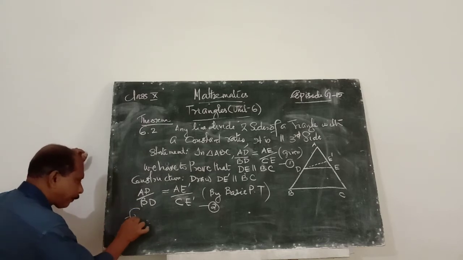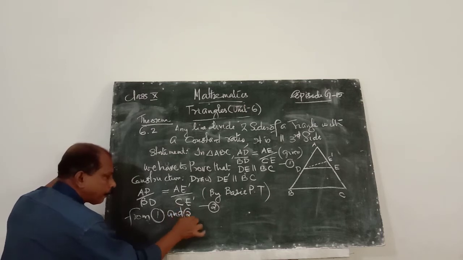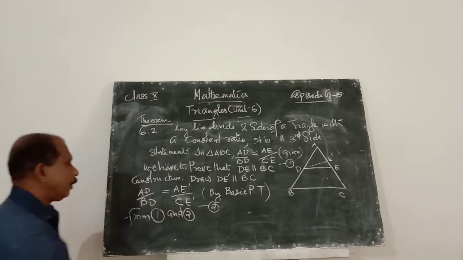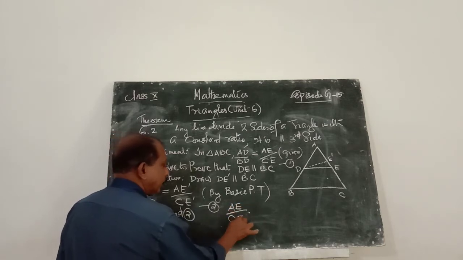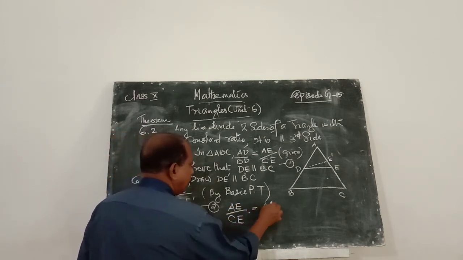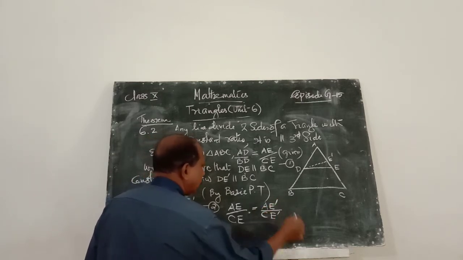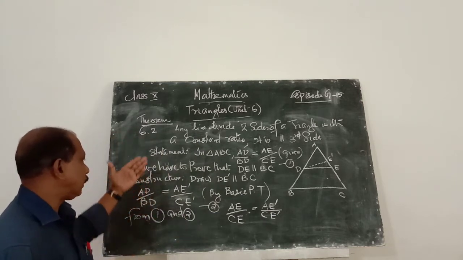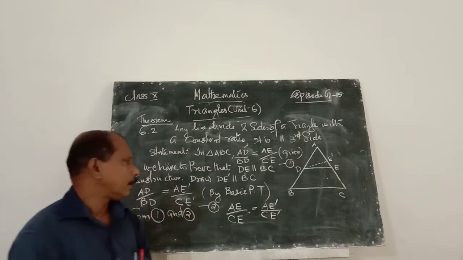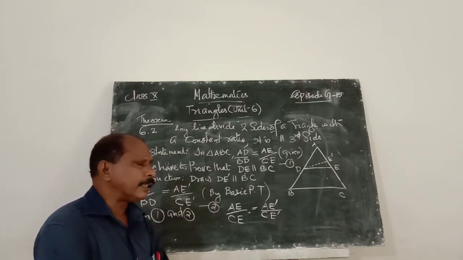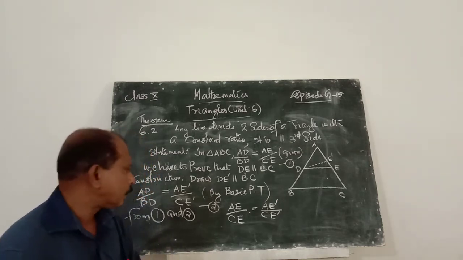Therefore, from 1 and 2, AE by CE is equal to AE dash by CE dash.